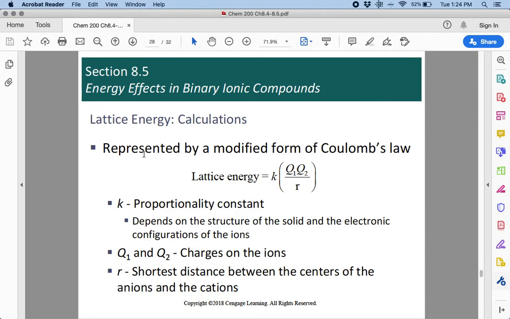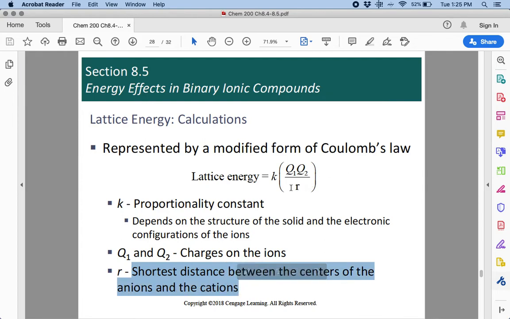Now, we talked about the energy calculations a little bit. We're kind of going back to Coulomb's law here. For purposes of what we'll be doing, you'll have a couple of examples of this in your homework, but we won't be going into too much detail. Basically, when we have this lattice energy, the amount of energy it takes to form 1 mole of a solid ionic compound, we take into account things like the size, the shortest distance between the centers of the cations and the anions.